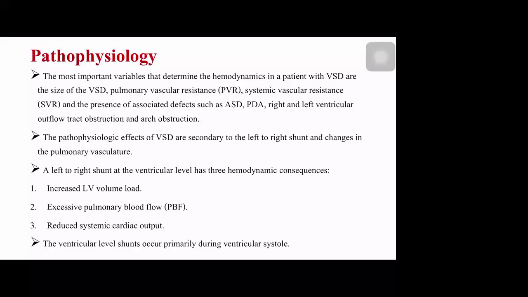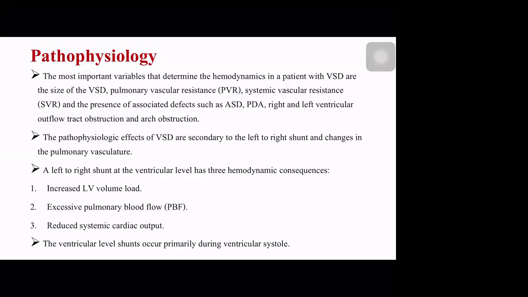Pulmonary vascular resistance: low PVR in case of small VSD, low to moderate PVR rise in moderate VSD, high PVR rise in case of large VSD. Also the PVR to SVR ratio, and the presence of associated defects like ASD, PDA, or right and left ventricular outflow tract obstruction and arch obstruction. So these are the factors which govern the ultimate hemodynamics of the patient with VSD.